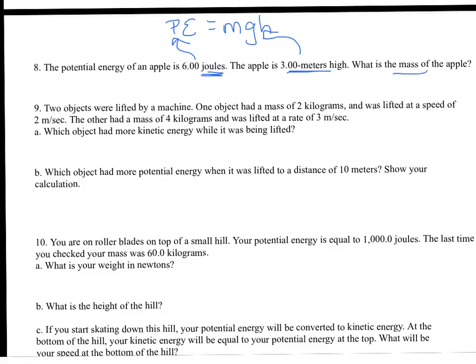So the question asks us to find mass. So mass is what we're looking for. We're going to do the same thing we've done before. We're going to plug the numbers in, and then we're going to solve for the unknown. So in here I'm going to put 6 joules equals m times 9.8 because G is always 9.8, and then 3.00 meters for my height.